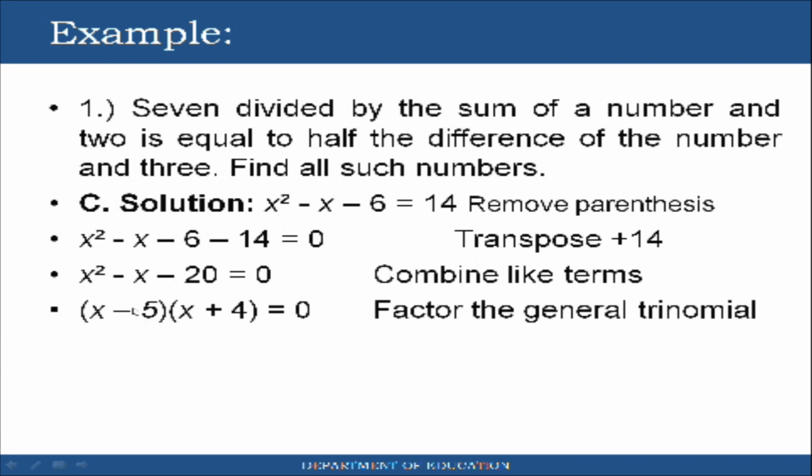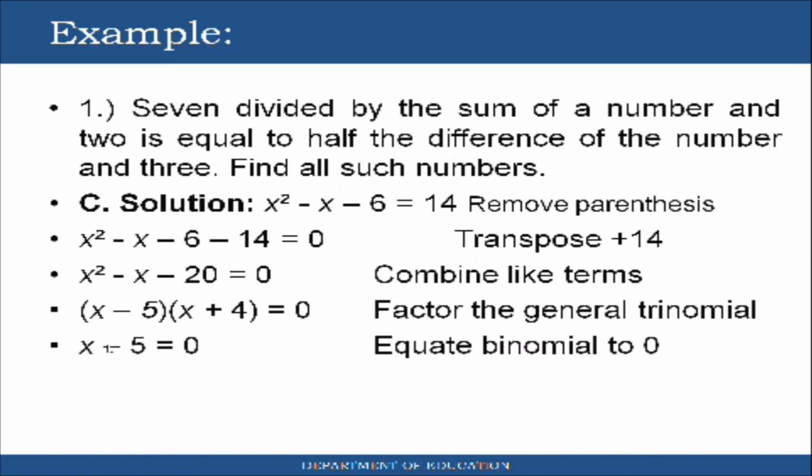Determine the sign. We'll use negative 5 plus 4, so that if we multiply negative 5 times x and 4 times x, it will be negative 5x plus 4x, and the answer will be negative x. So this is the correct factored form.